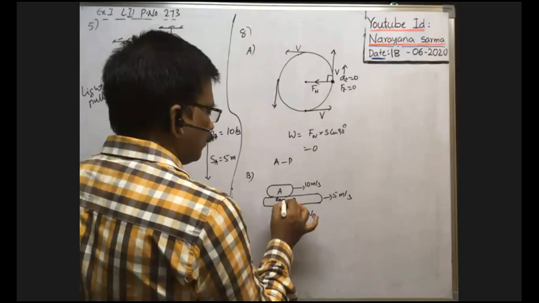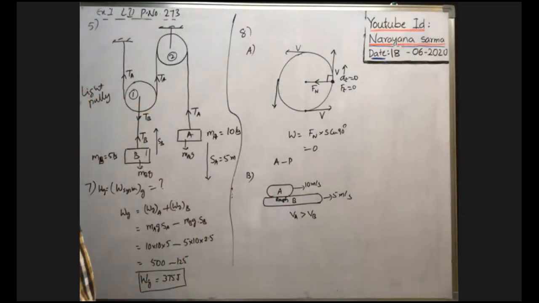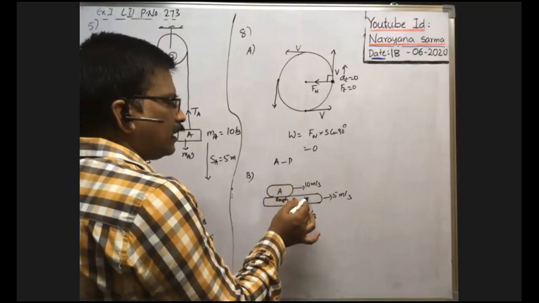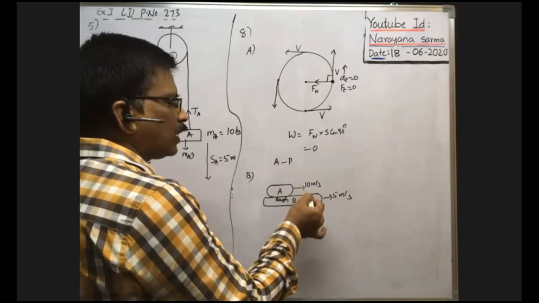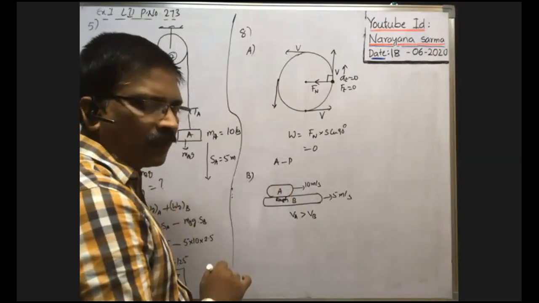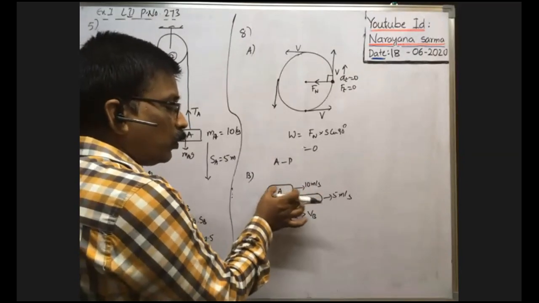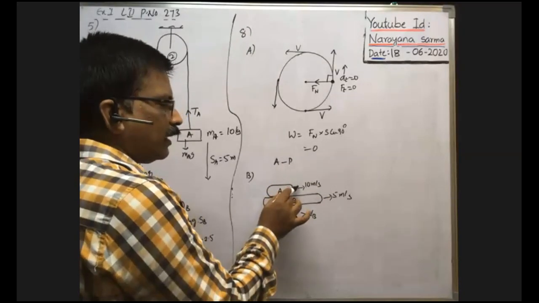As this block moves with a velocity of 10 meters per second and that with 5 meters per second, definitely it displaces over block B. Slipping of block A over block B is there. These two blocks won't move together, because its velocity is 10 and it's 5.